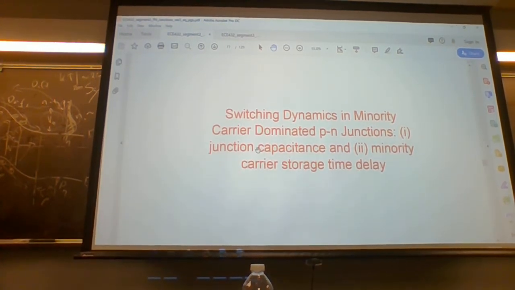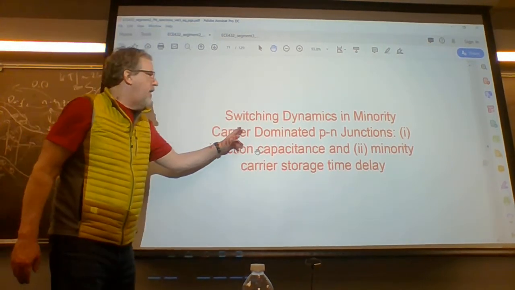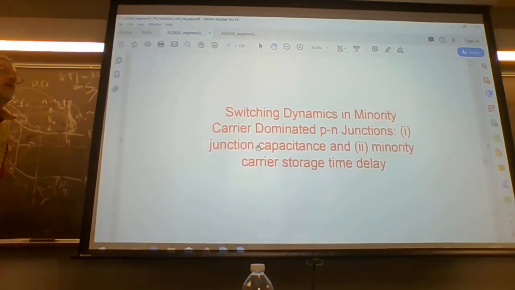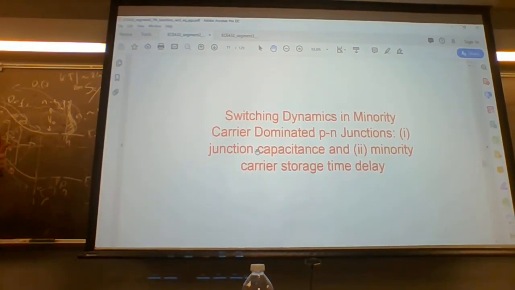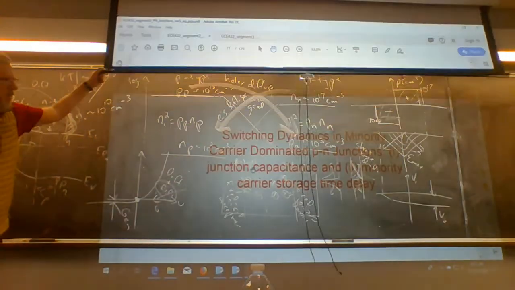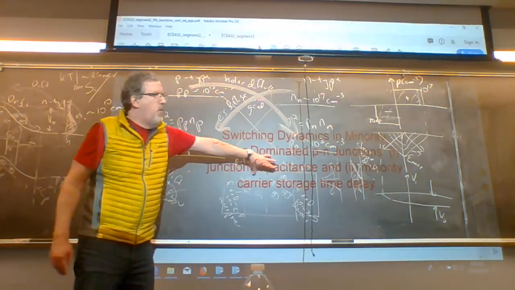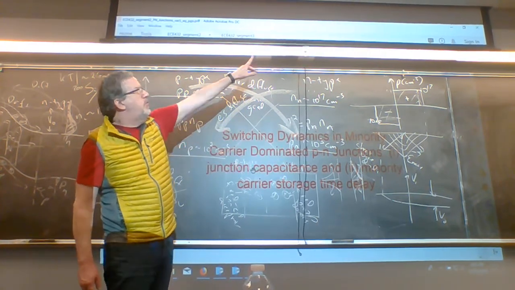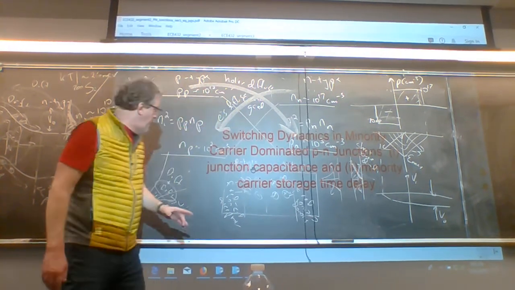So switching dynamics, the minority carriers, we have the junction capacitance, the minority storage capacitance. So understand those. What's the junction capacitance from? The dipole. Right? And what's the minority carrier storage charge from?